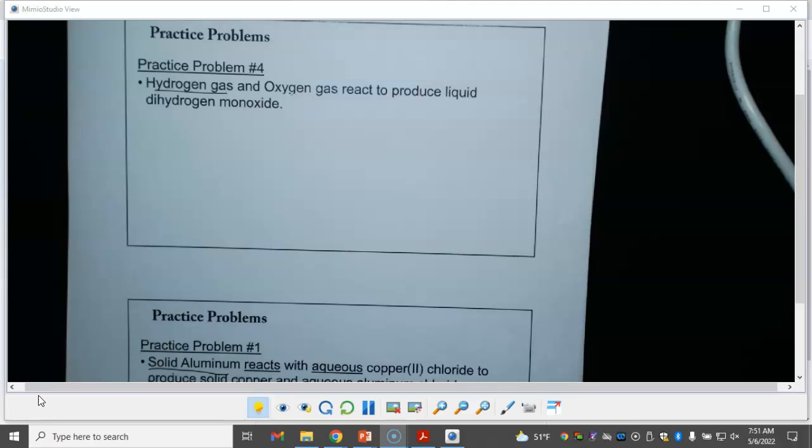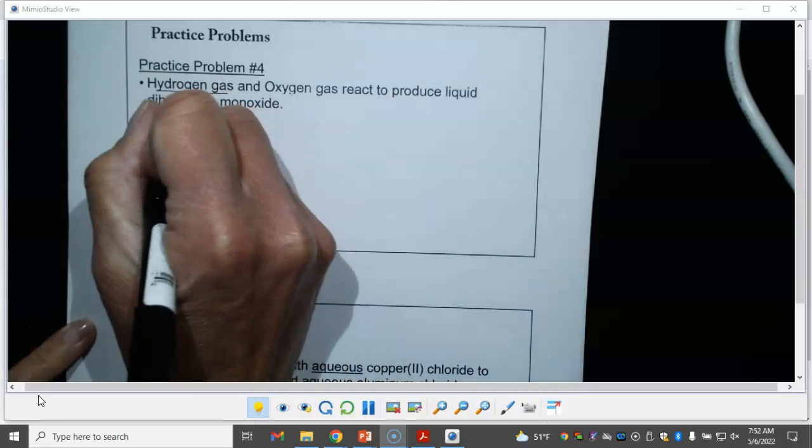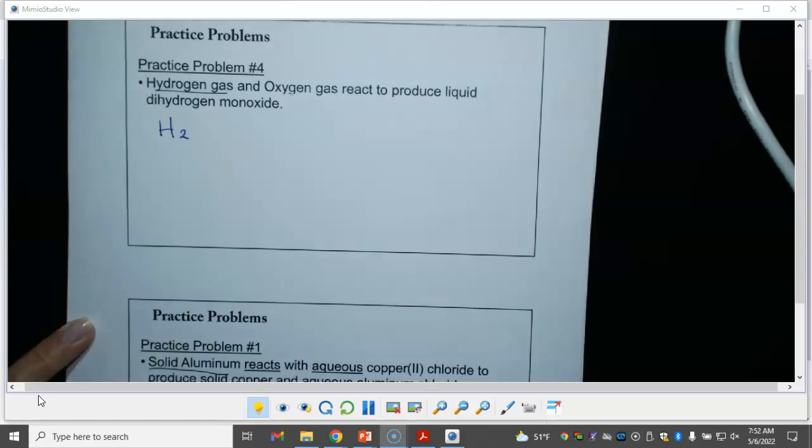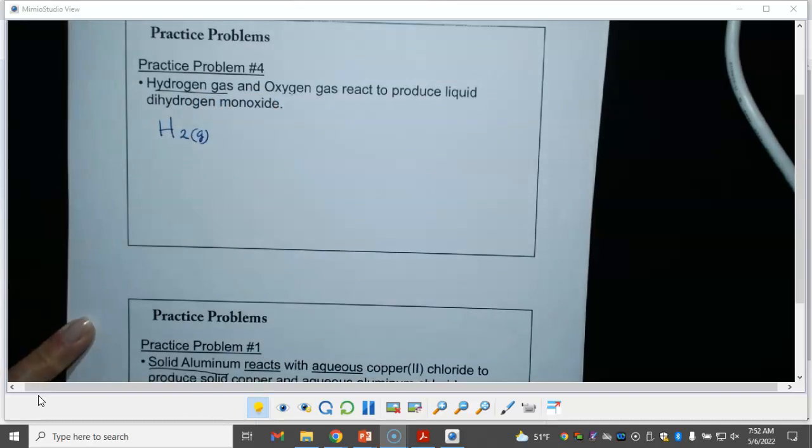So we're going to start by writing the formula equation, okay? So what's special about hydrogen if he's all by himself? Good, we have to have a little 2 next to it, right? So hydrogen gas, so I'm going to start with H2. And it says it's a gas, so I'm going to put a lowercase g next to it.